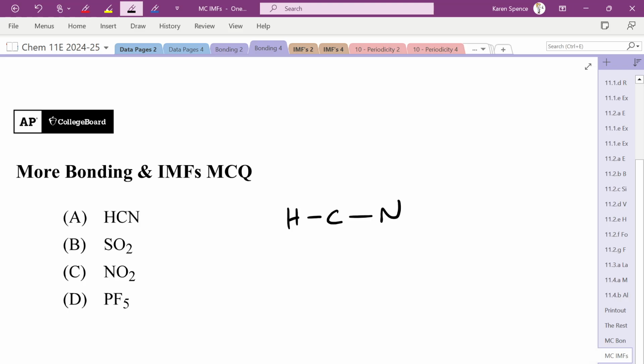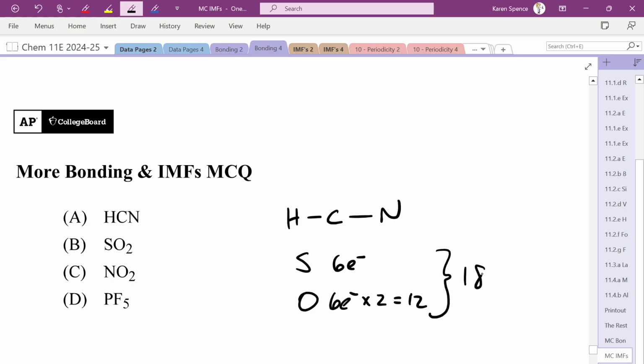But we draw the little structure for SO2. How do you draw the structure for SO2? You say S has 6 electrons. O has 6 electrons times 2 is 12, so we have in total 18 electrons.